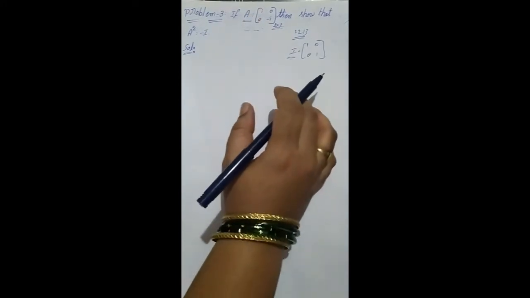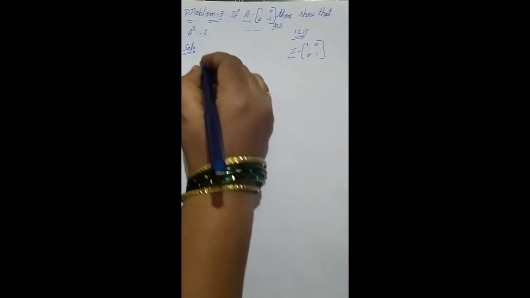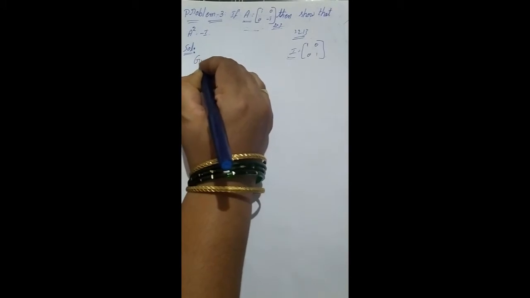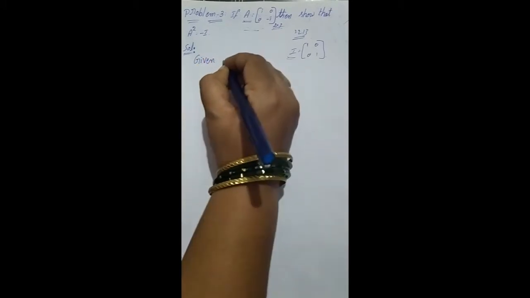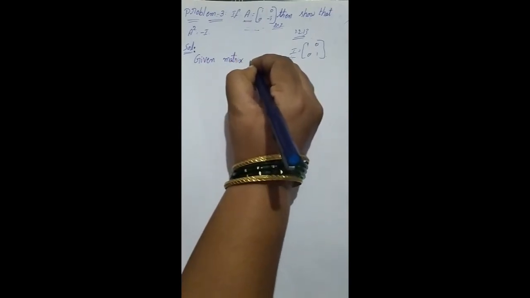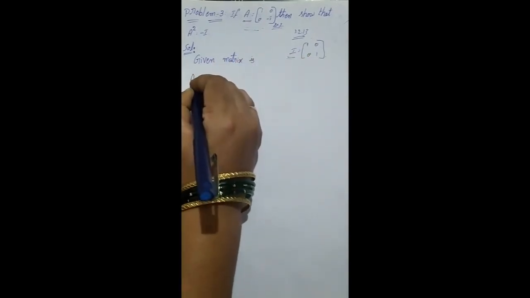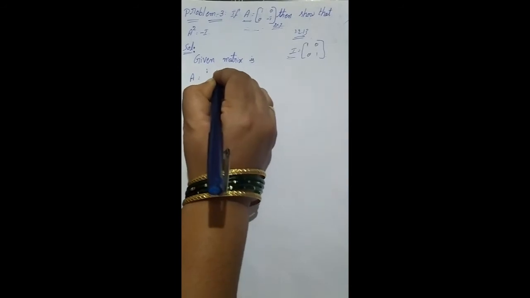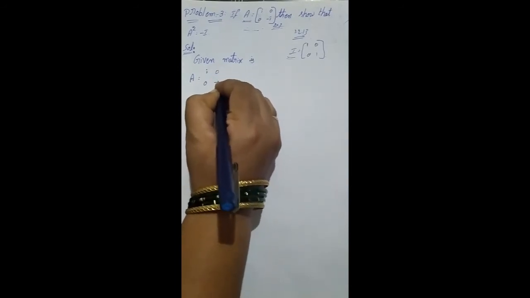In this solution, first write down the given data. For that, the given matrix is A equals [i 0; 0 -i].